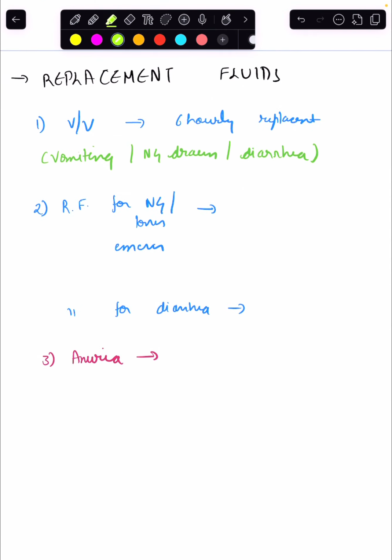Now there is a concept of replacement fluid. If there are losses, for example GI losses via vomiting and through nasogastric tube or in the form of diarrhea, then volume by volume replacement should be done. Usually we do the replacement 6 hourly. Now replacement fluid which is preferred in case of NG losses is normal saline plus 10 milliequivalent per liter of KCl added to it.